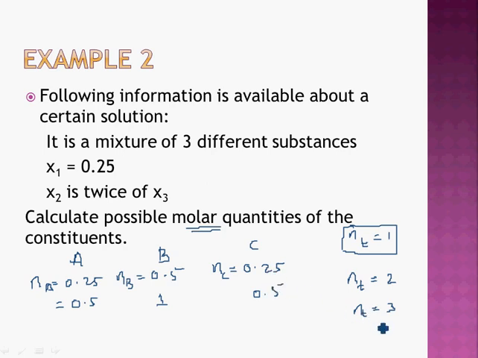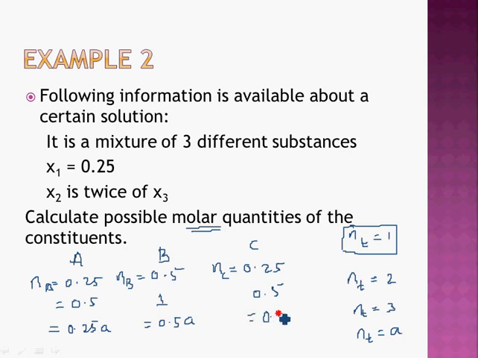So in general, if total moles are say A, then moles of A will be 0.25 times A, moles of B will be 0.5 times A, and this will be 0.25 into A, that is I have multiplied them by total moles.